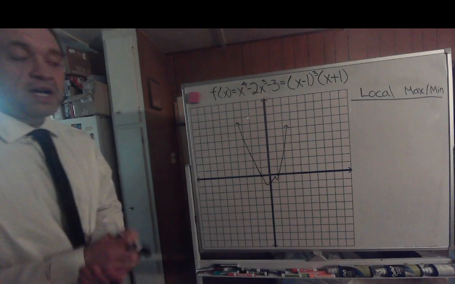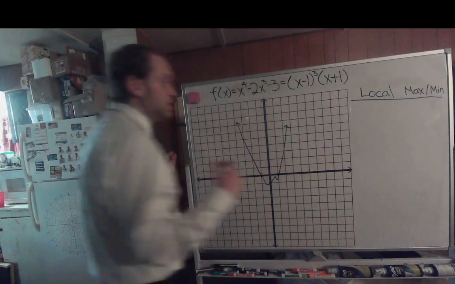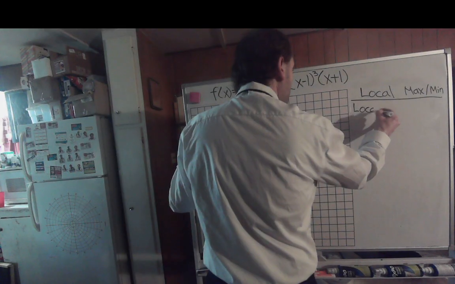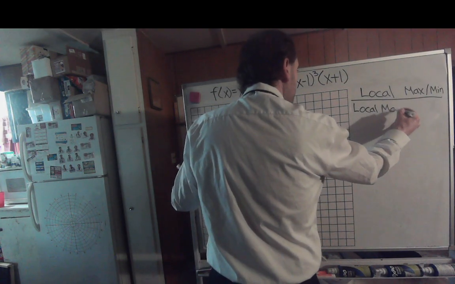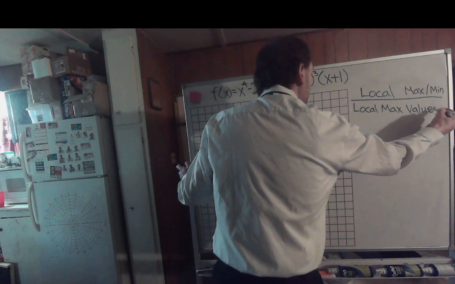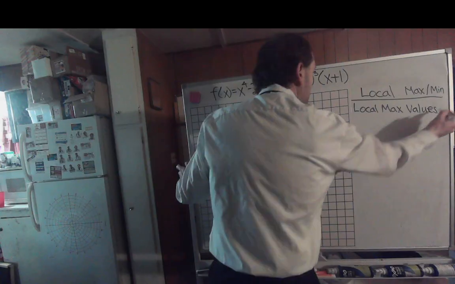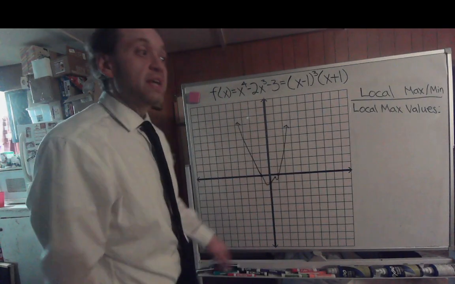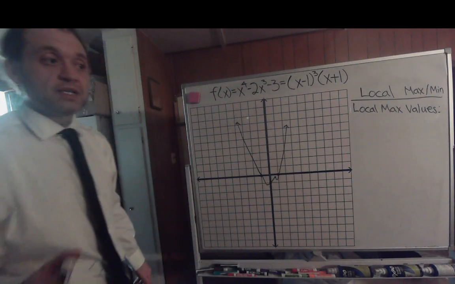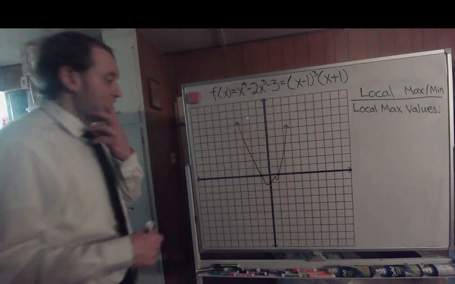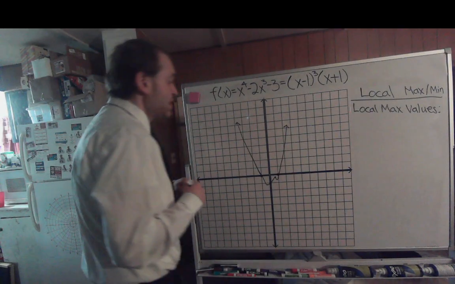How do you find that? Let's see. So to find the local max values, if they ever ask you to find the local max or min values, that's referring to the y-coordinate itself, the value of the whole function, the y-coordinate at that particular point.